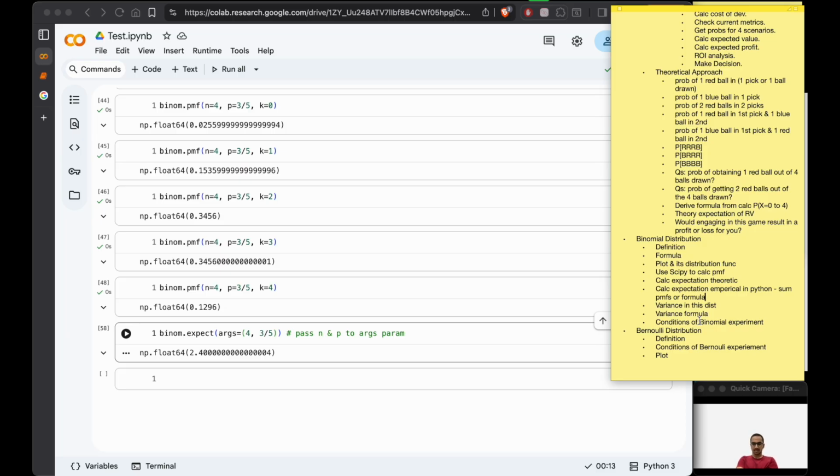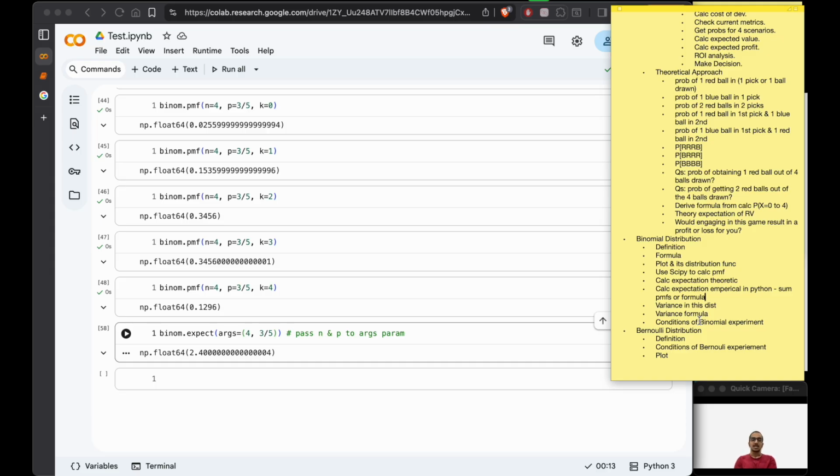The definition is the difference between an observation and the mean, or you can say the distance between an observation and the mean.